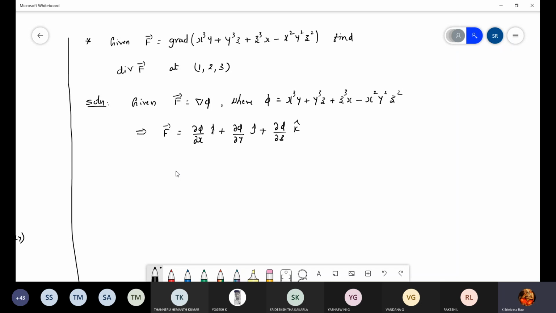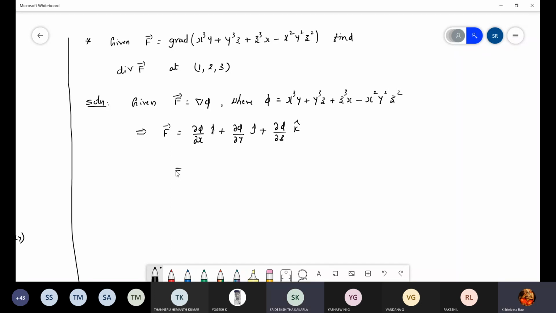Yes. Now differentiate phi. If you want, you can substitute phi for each del by del x of the complete term x cube y plus y cube z plus z cube x minus x square y square z square. Same way you have to substitute for y. So that is equal to... Can you tell what is the answer?